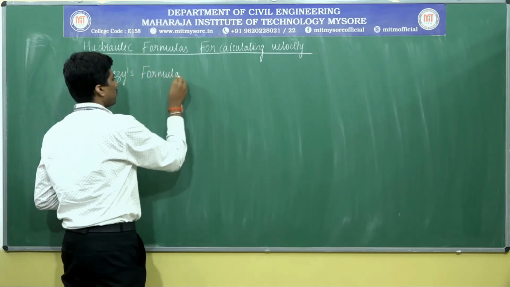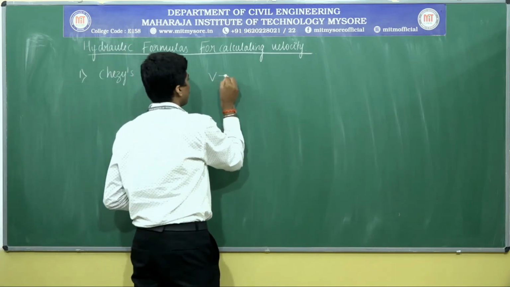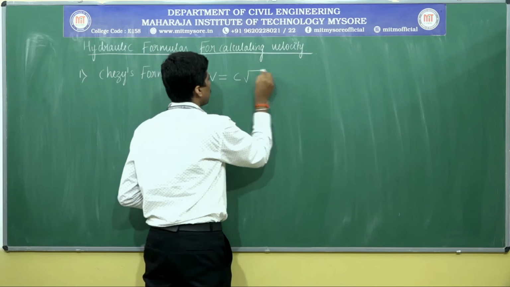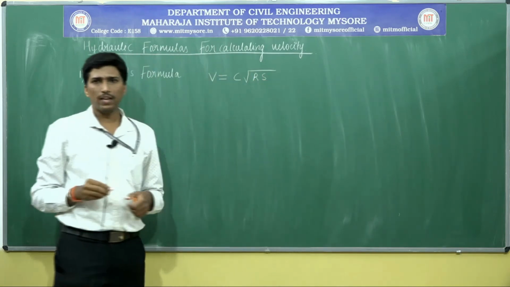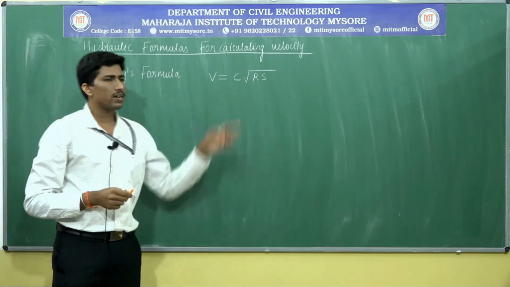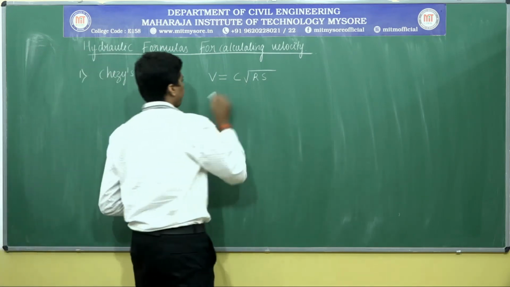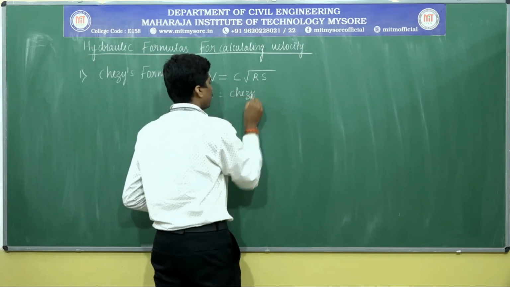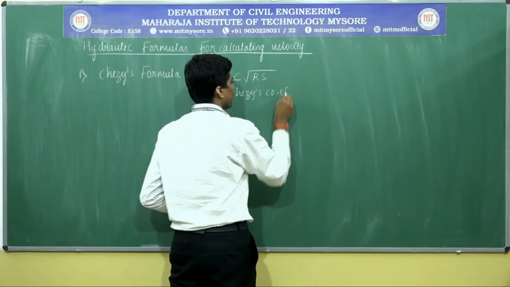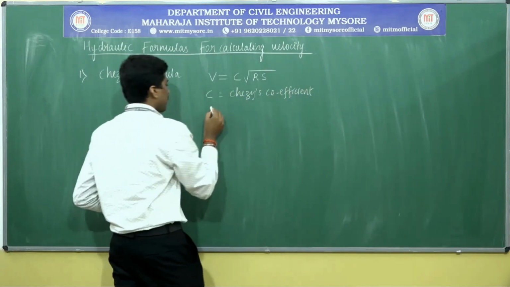Chezy's formula is mainly related to the velocity determination, where V is equal to C into the root of R into S, where C represents the Chezy coefficient.